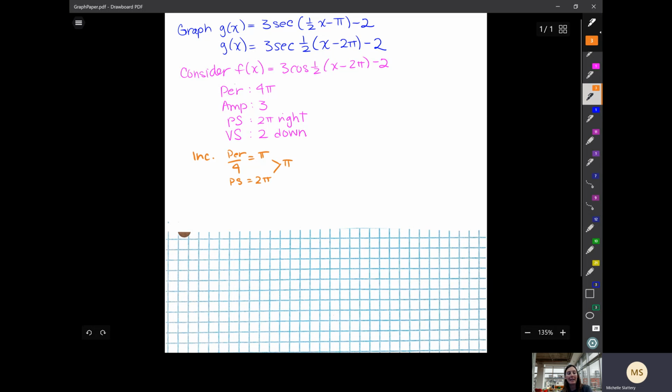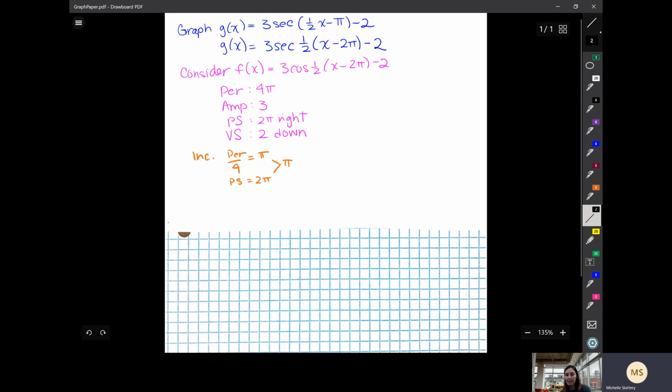So we're just going to count by pi's. Okay. So you can count by pi's. I'm actually going to stretch this out a little bit, and I'm going to count by pi over 2's, just so that my graph isn't super squishy when I do the secant graph. Okay, you can totally still keep it how it is though. All right, so let's go ahead and graph then this cosine graph.